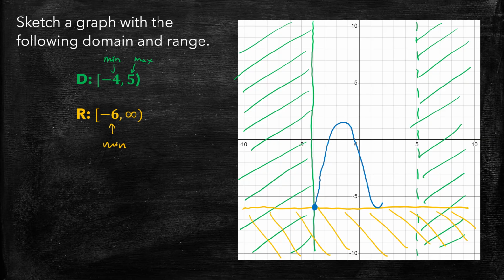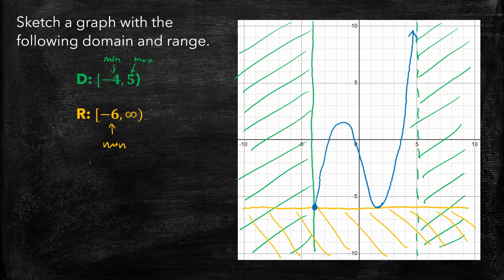But where should I go to infinity? Well, I can't actually achieve 5 in terms of my x value, so maybe I could do this and make the graph look like it's heading up to infinity. I would have an asymptote at x equals 5, and that graph would work.